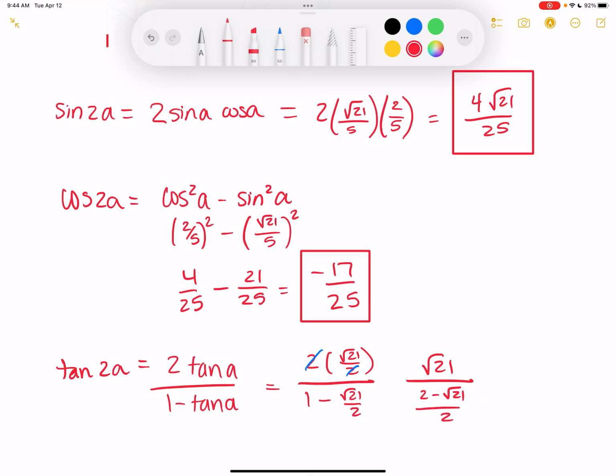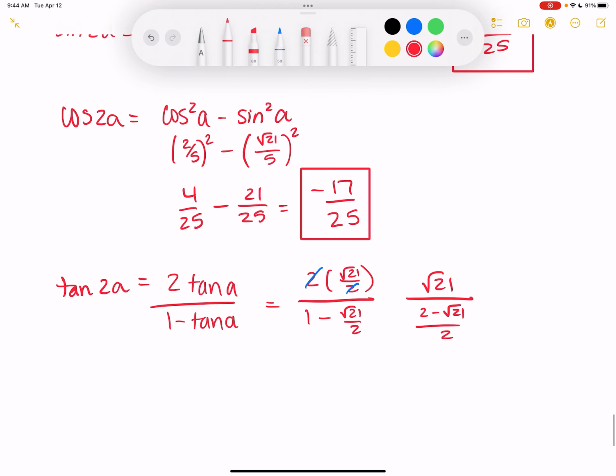Now what? There's technically a radical on the bottom. I want to cancel out the 2's first, but I can't cancel the 2's because there's not a 2 attached to the square root of 21. Dividing by a fraction, so what should I do? Multiply by the reciprocal first. So square root of 21 times 2 over 2 minus the square root of 21.